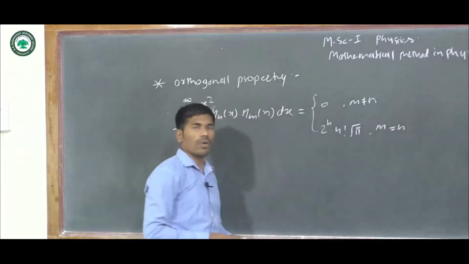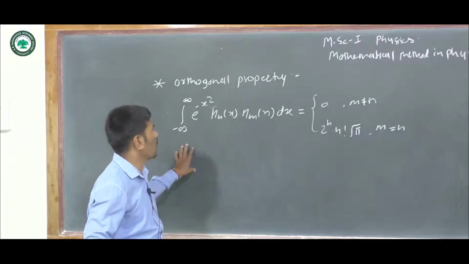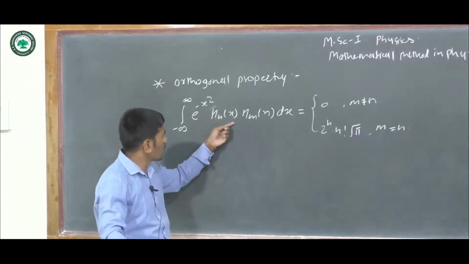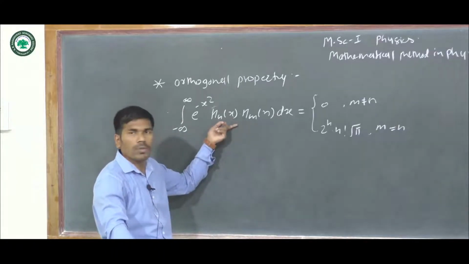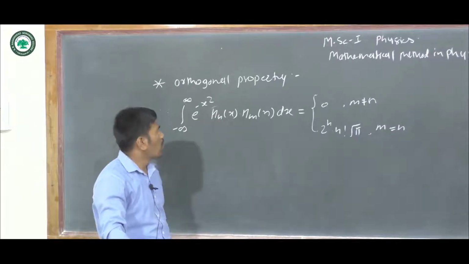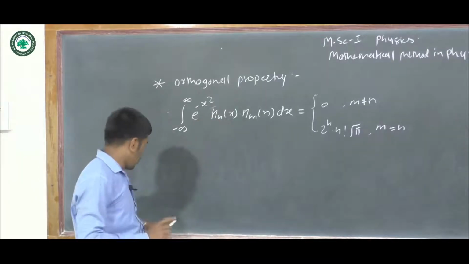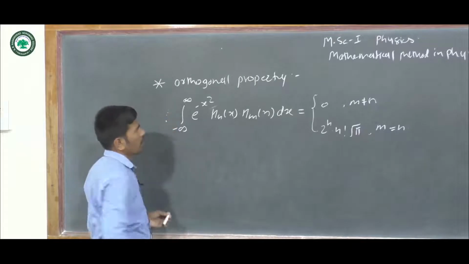So this is the orthogonal property of the Hermite functions, and Hn(x) and Hm(x) are two polynomials of the Hermite functions. We are going to prove this.